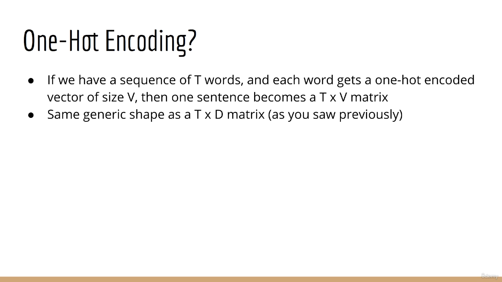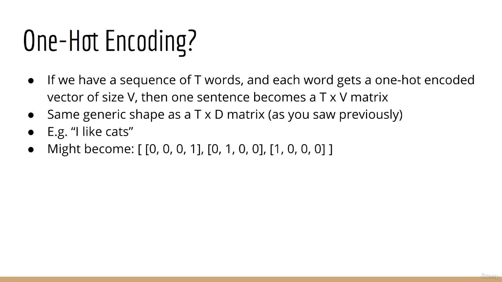Suppose we had the sentence, I like cats. This is a sequence of length 3 because this sentence has 3 words. This might turn into the sequence of vectors 0001, 0100, 1000. For this simple example, we've assumed that our vocabulary only contains 4 words, which of course is much smaller than a real English language dataset.